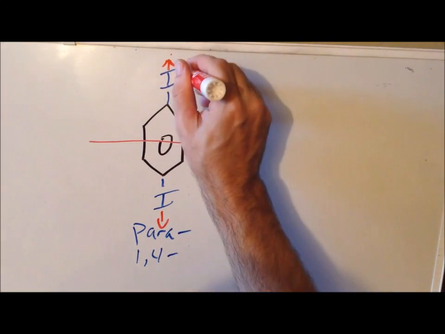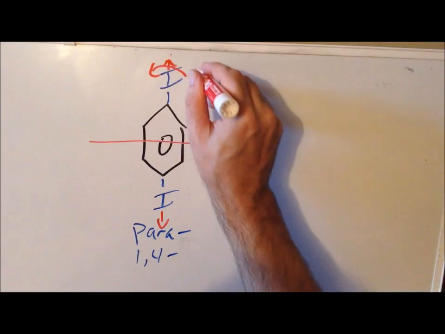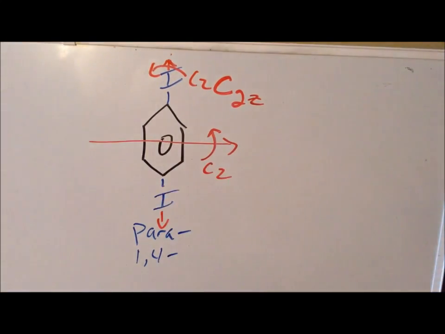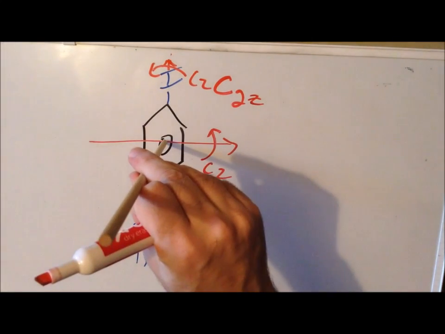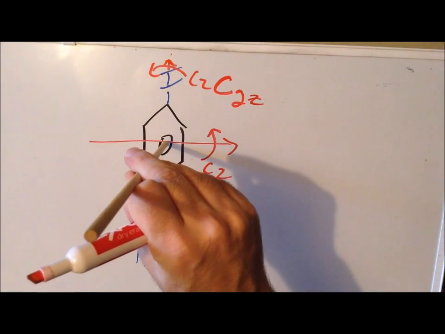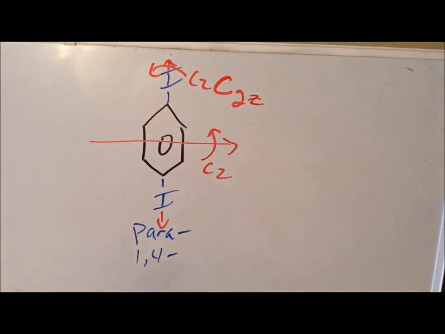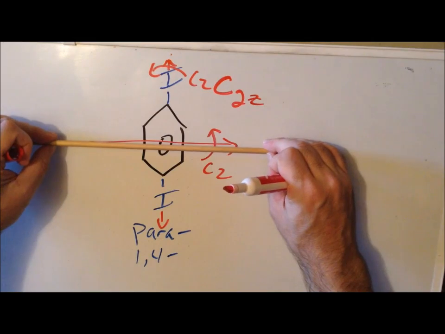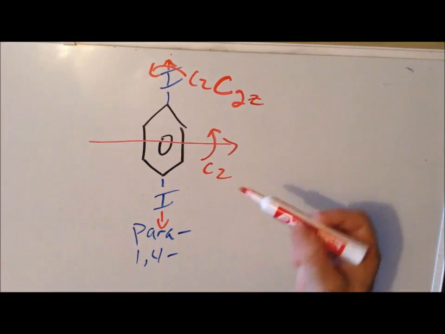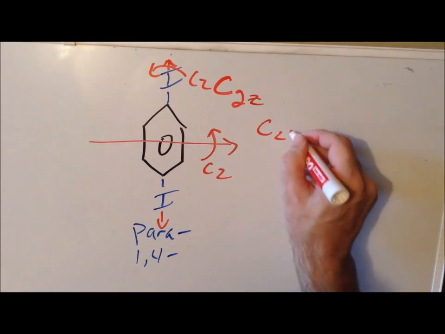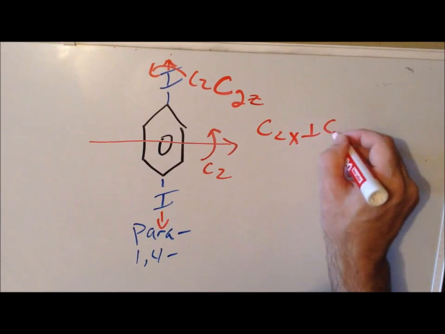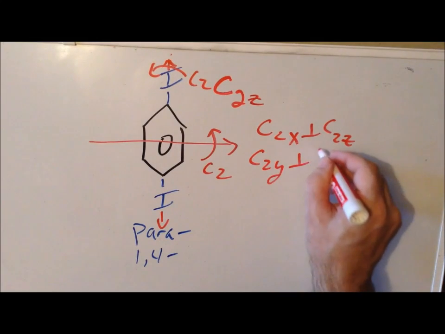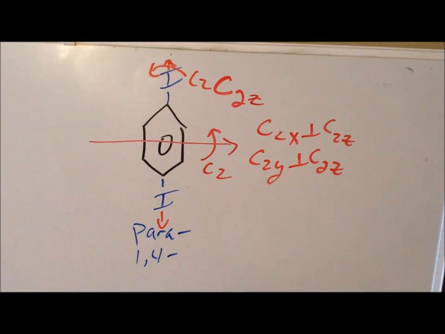And I notice that this particular C2 is perpendicular to the C2 that's coming out of the plane of the board, the z-axis C2. And this one along the x-axis is also perpendicular. So I notice that the C2 on the x-axis is perpendicular to the C2z, and I have a C2y that's perpendicular to C2z.